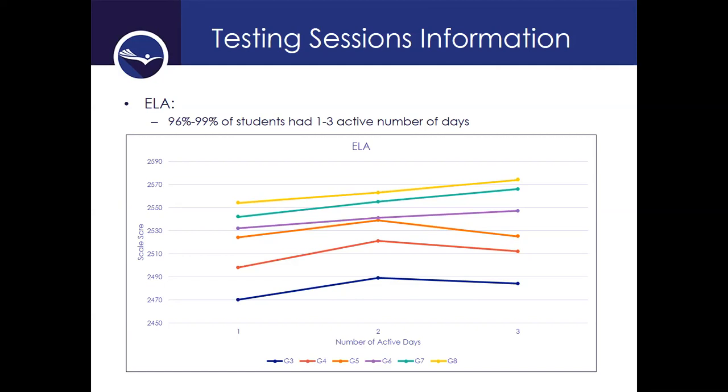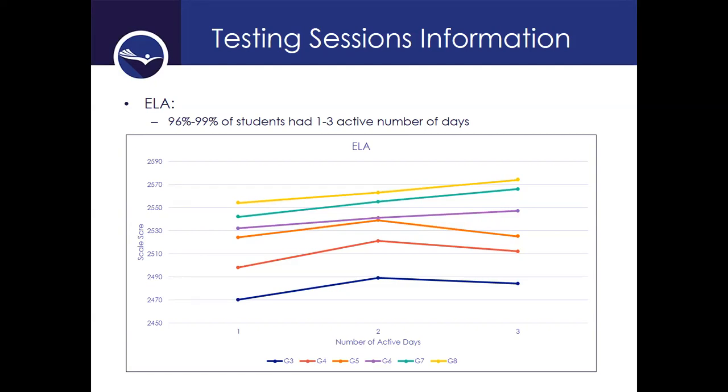It might be because for 6th, 7th, and 8th grade students that are in a middle school model, they might have not broken their schedule at all and just stuck with the regular schedule, used that over the course of 3 days, and therefore those students might have done better because it didn't break up the normal day and disrupt things. That being said, we don't know the exact reason, but this is the information we have, and we encourage you to look at your own data as well to see if you can determine things, scheduling information that might be beneficial to your particular students.